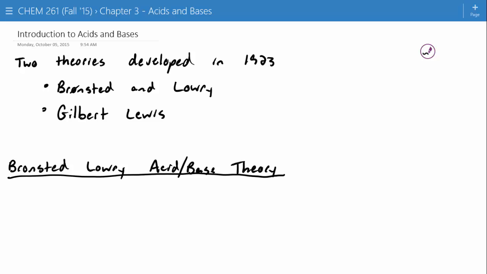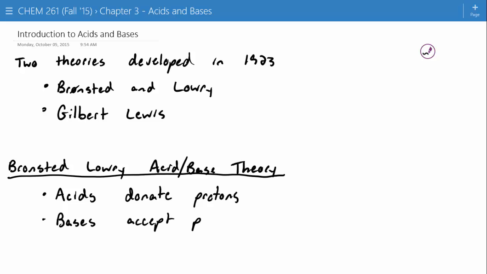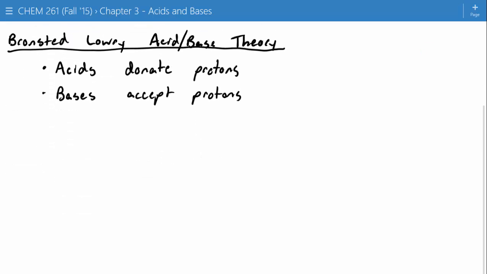Hydrogen cation is referred to as a proton. And acids donate protons. And bases accept protons. Pretty straightforward theory.